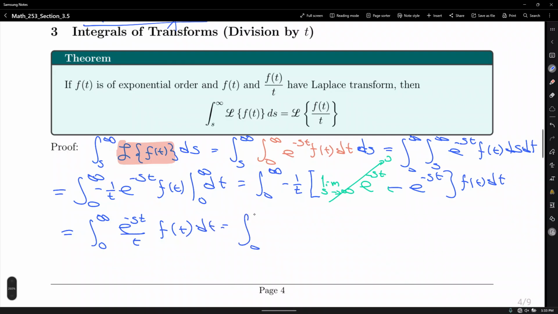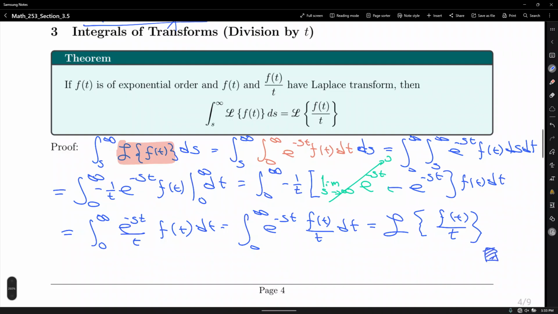This is the integral from 0 to infinity of e to the negative st times f of t over t dt. Isn't that the definition of the Laplace transform for f of t over t? Okay, that's Laplace of f of t over t. And that's the end of the proof.